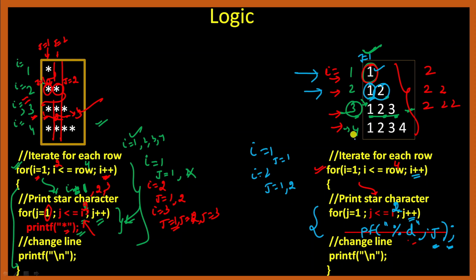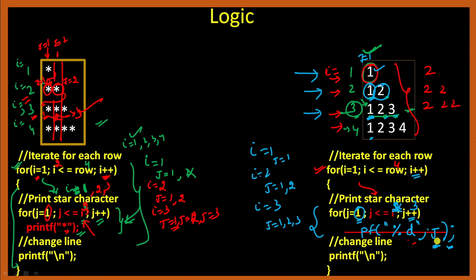Now next time after changing the line, we will come here and i equal to 3. Now the third row, we want to print 1, 2, 3. We will come here and now j less than or equal to 3, right? Now here you can see I am hard coding that I want to start each row from 1. So from j equal to 1 to j less than or equal to 3, that means j equal to 1, j equal to 2, j equal to 3, all these three values will be generated here, and accordingly I am printing the value of j.